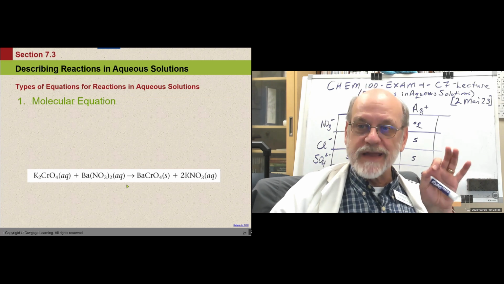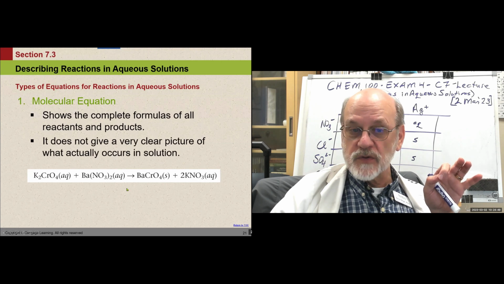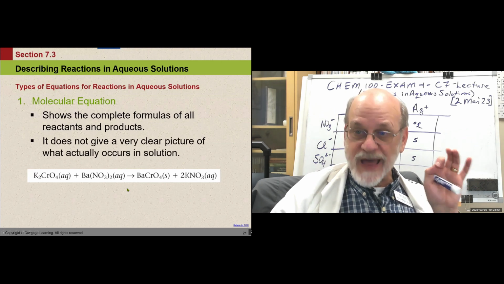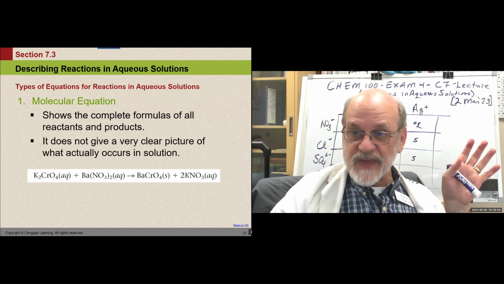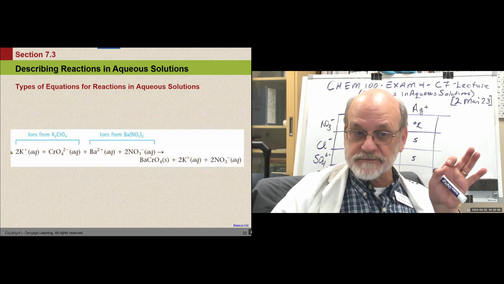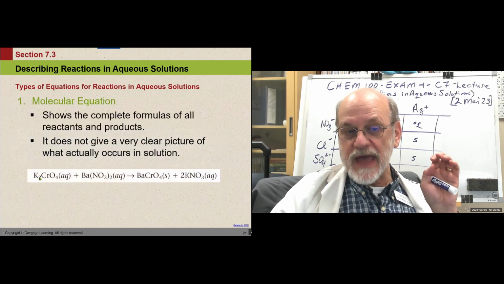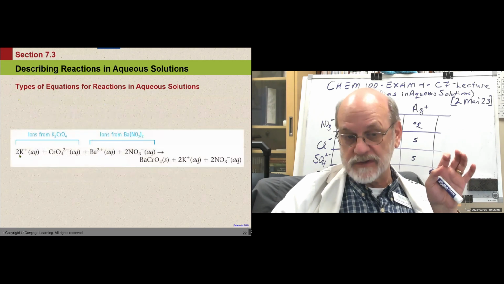So we could write a complete ionic equation for this one. All we would have to do is, after we've balanced the equation, separate the ions and write them separately in aqueous solution. So that's what this has done. Notice that in the balanced equation we had 2 potassiums in that compound.